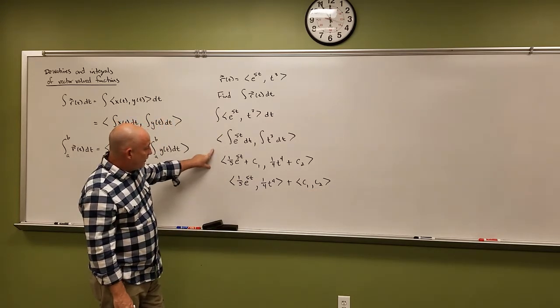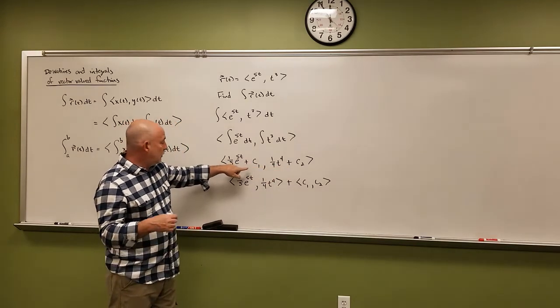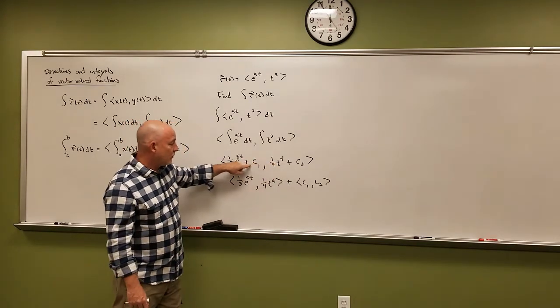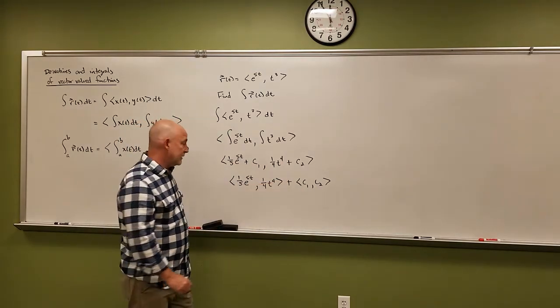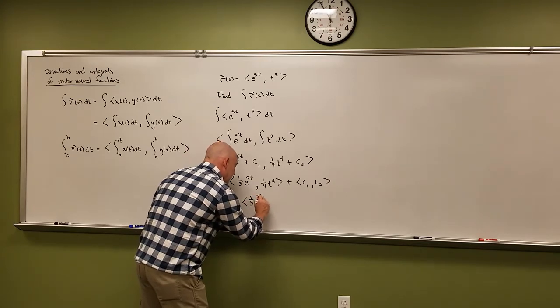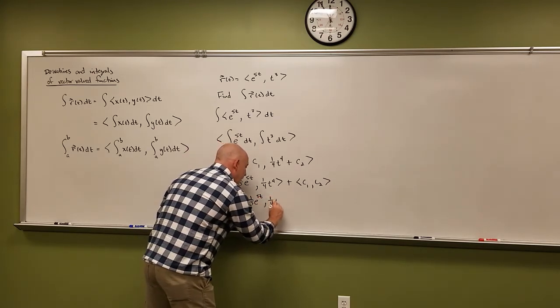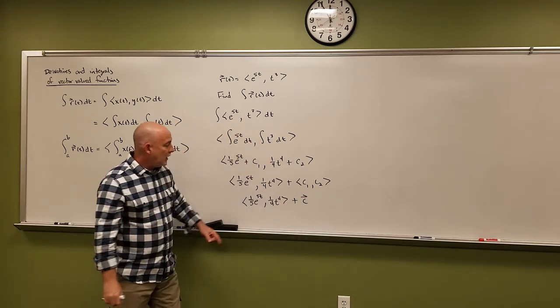Another way of thinking about this: instead of adding an arbitrary number to each one of your integrals, you can add an overall arbitrary vector constant. So another way to represent this would be 1/5 e to the 5t, 1/4 t to the 4th, plus some constant vector.